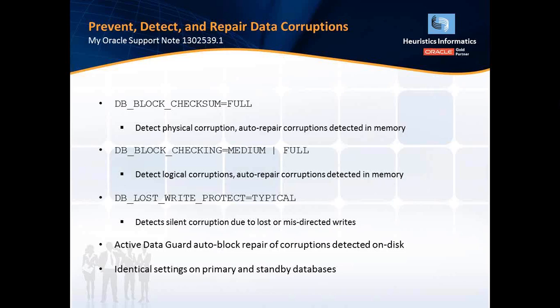Similarly, with logical corruption, you can have corruption detected and automatically repaired. In addition, if we are using Data Guard or Active Data Guard for disaster recovery to a standby environment or standby data center, Active Data Guard will be able to automatically repair corruptions at the block level on disk.